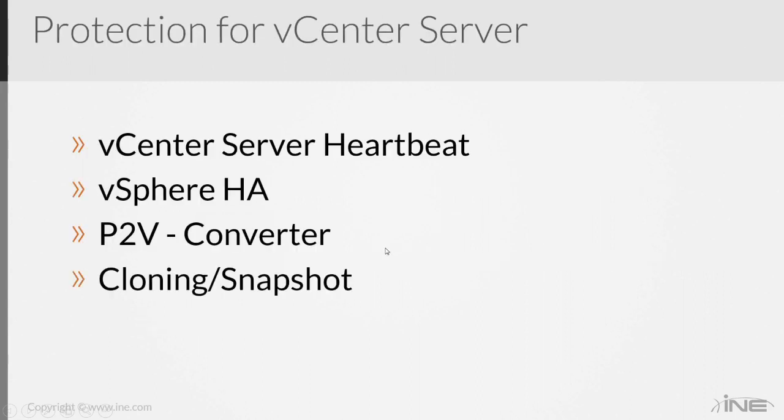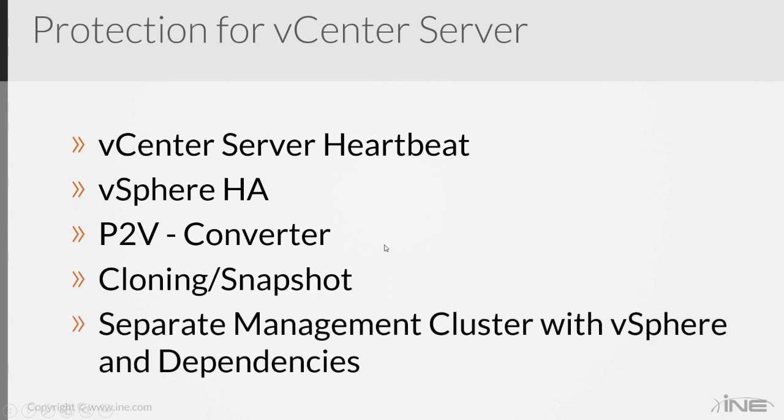Okay, so I want to take a couple minutes and just discuss protection for vCenter Server. When you're deploying the appliance, we will need some way of actually protecting that, since you recall that would run virtually and not on a physical box. We will need to deploy that within our hypervisor.